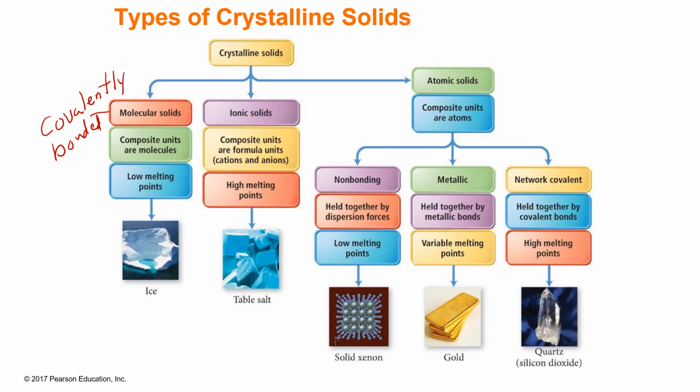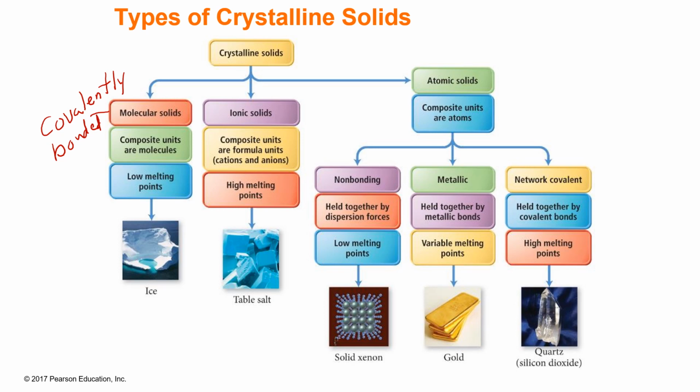We can also have atomic solids, things that are made out of atoms. These would be things like metallic solids, like gold. We can have non-bonding solids, like xenon. This is the noble gas that, when we cool it down, doesn't bond, but it forms into a very low melting point solid.